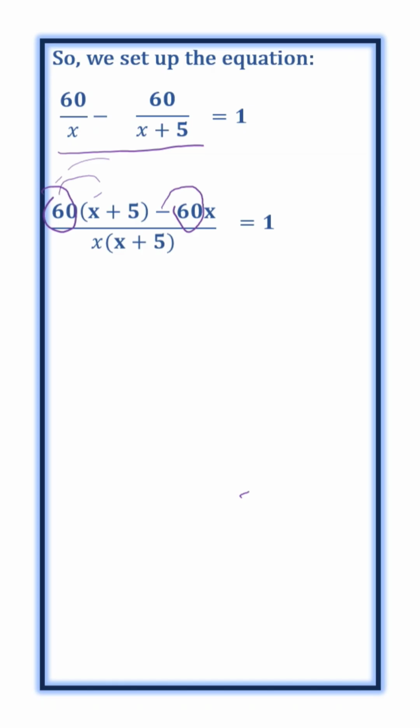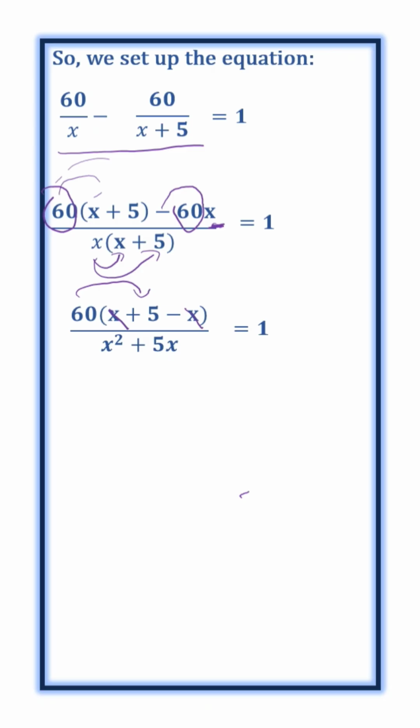So 60 into x plus 5 minus x, upon here multiply x into x, x square, x into 5 is 5x, that is equal to 1. Here observe x and x get cancelled. 60 into 5 is equal to how much? 300. Cross multiply: x square plus 5x is equal to 300.